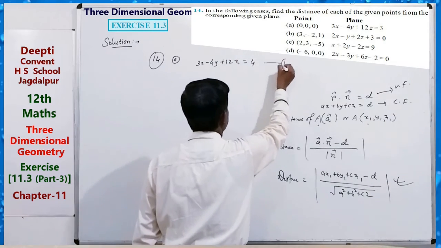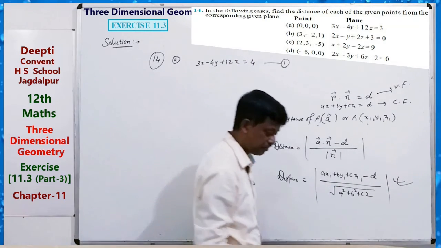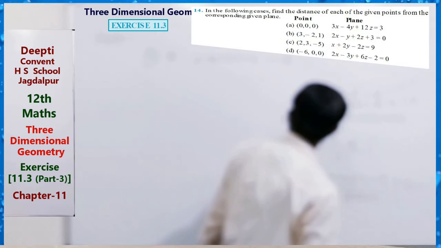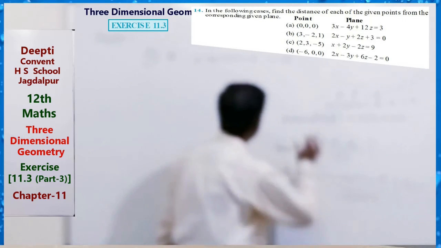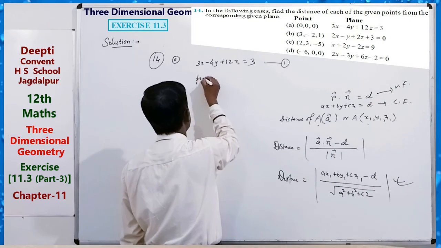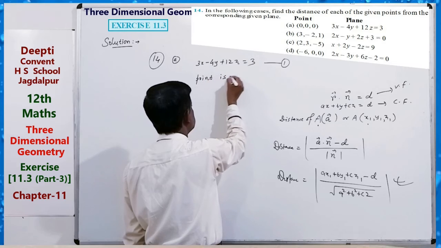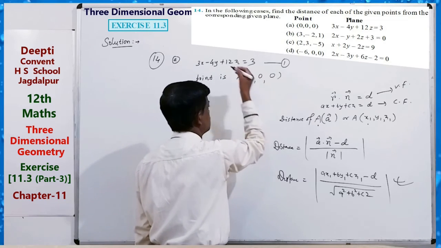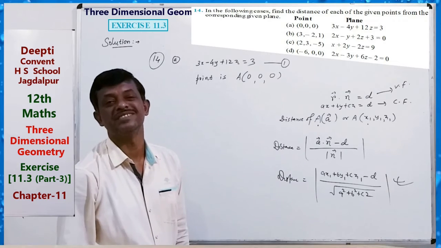This is the plane. The point is origin. This is x1, y1, z1.